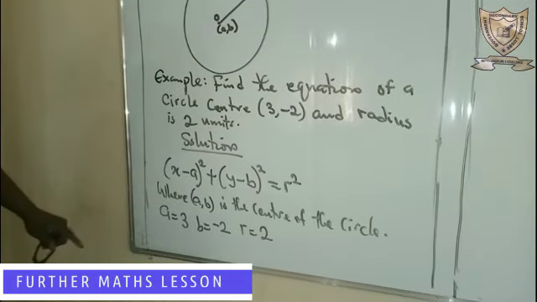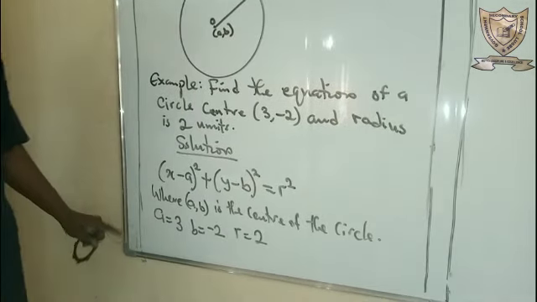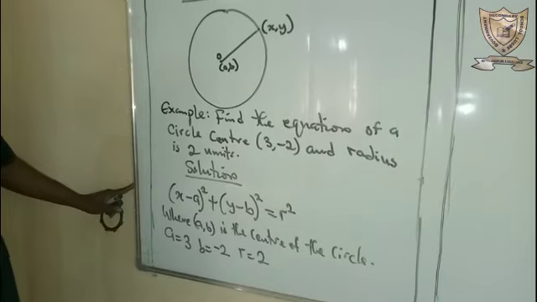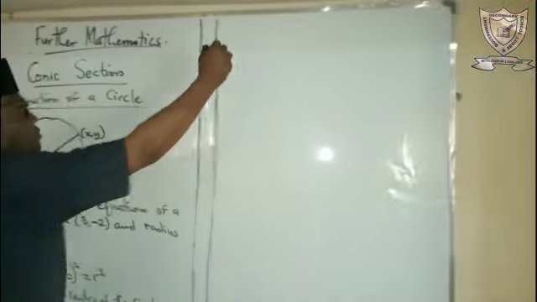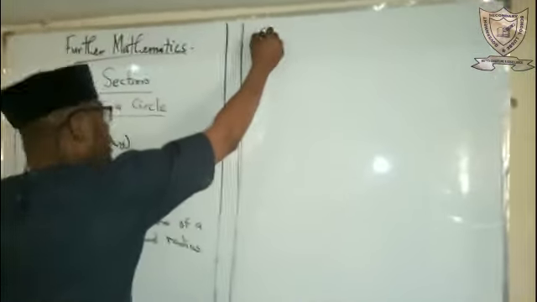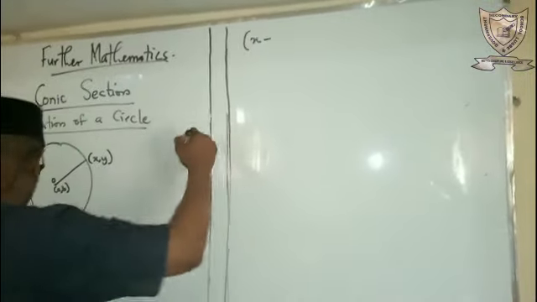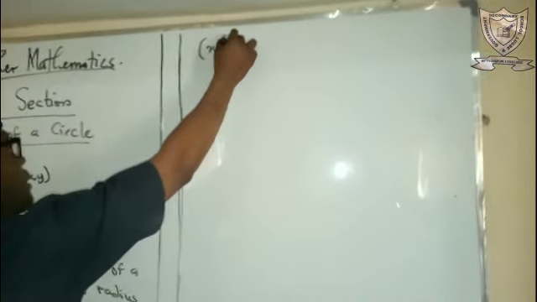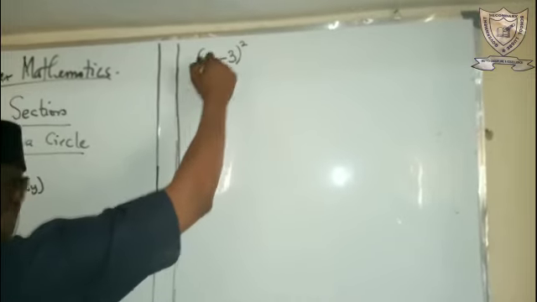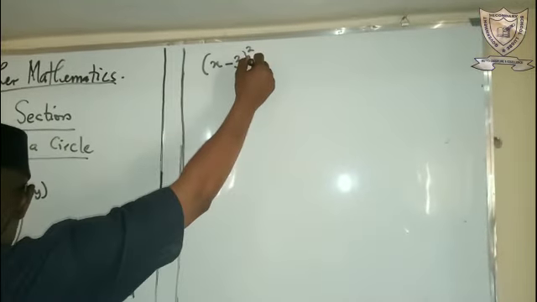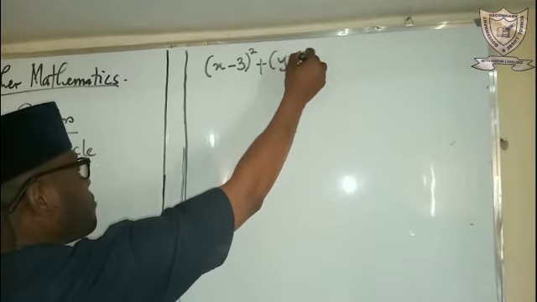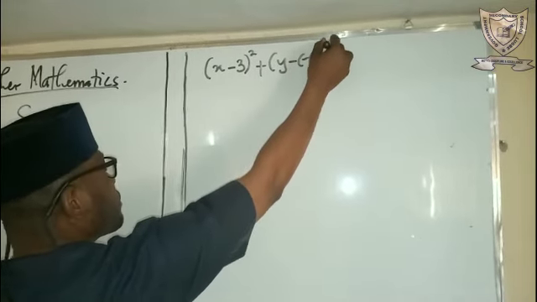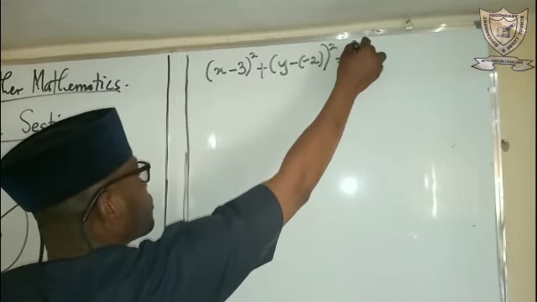We're going to substitute these values into the equation. So we have (x minus 3) raised to power 2 plus (y plus 2) raised to power 2 equals 2 squared.